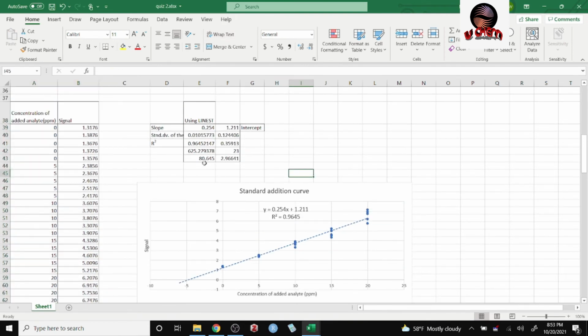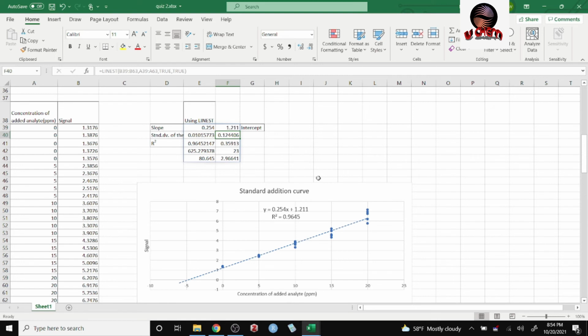The first row is giving you the slope, and then this is the standard deviation of the slope, that means the uncertainty of the slope. This is the r square value, and this is the intercept, and this is the uncertainty of the intercept.